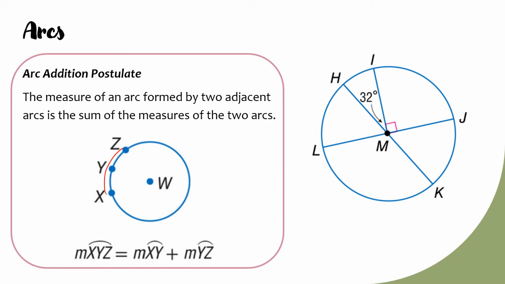In this case, just to clarify that we're referring to this whole thing, since it is clearly a minor arc, we could instead call it the measure of arc XZ. That might be a little bit better. So we're going to take whatever those individual arc measures are and add them together. Okay, so fairly simple there.